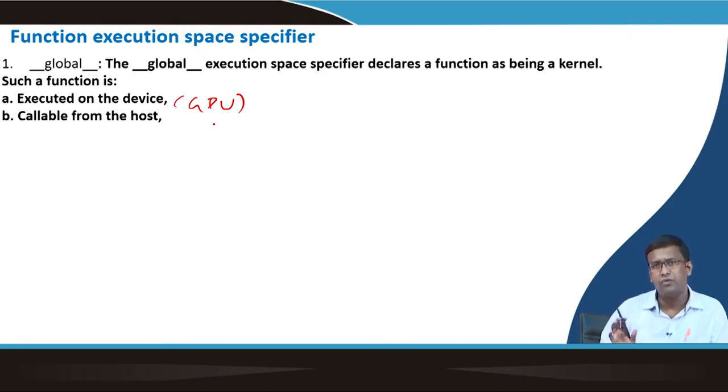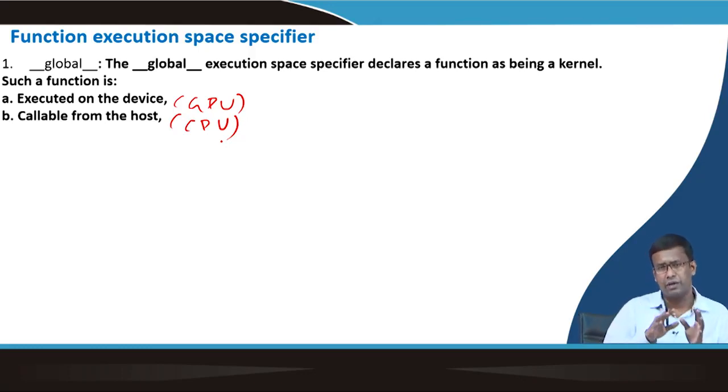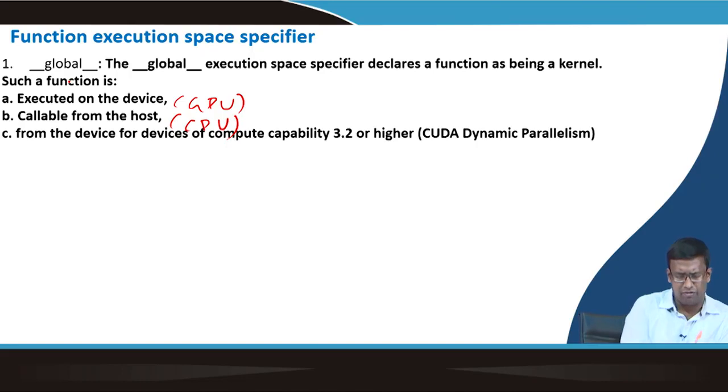So, a function which is called from the CPU and executes in the GPU is identified by a function which is executing in the global space. It is called from CPU, it is executed in GPU. So, it spans the entire space combining CPU and GPU, therefore, it has a global execution space specifier.